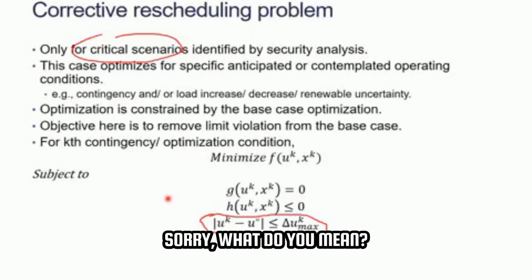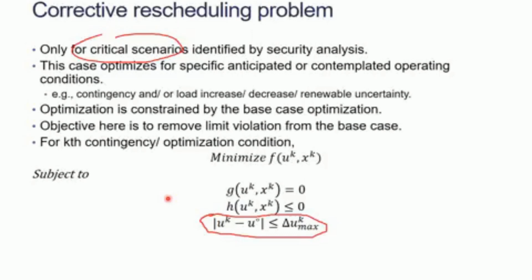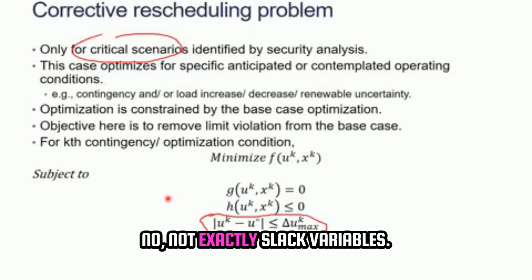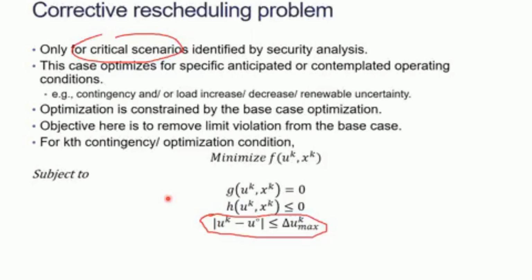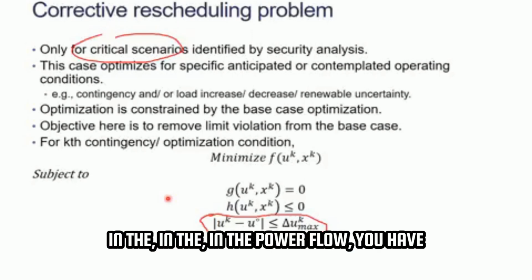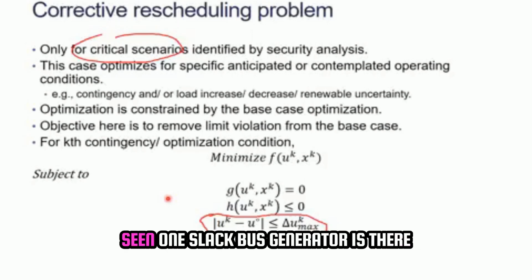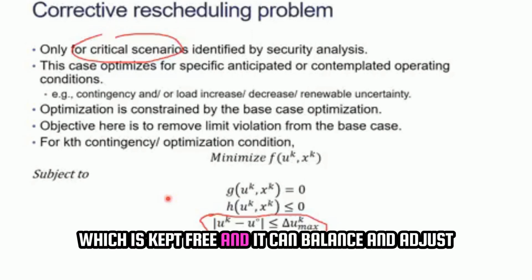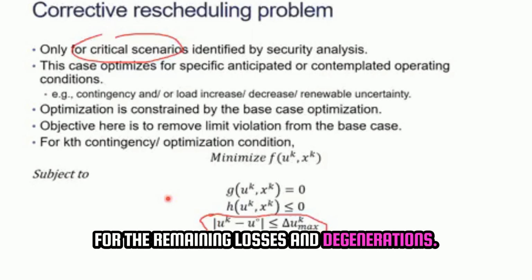Come again, sorry, what do you mean? No, not exactly slack variables. It is actually all the variables. In power flow you have seen one slack bus generator is kept free, and it can balance and adjust for the remaining losses and generations.